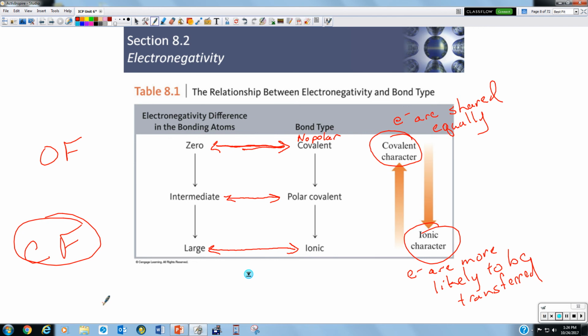CF. They're furthest apart on the periodic table. So neither one is an ionic compound, but CF will have a more ionic character than OF. Again, those aren't real compounds that I know of, but I know that you can have compounds of carbon and fluorine mixtures.